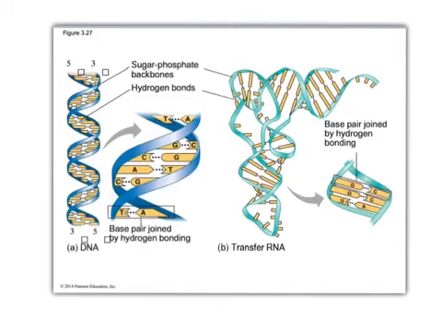And then you have your transfer RNA, which also has secondary structure because of base pairing between some of the nucleotides, so G to C, A to U, and that gives this secondary structure. Parts up here are not bound, don't have complementary bases, and down here also does not have complementary base pairing.